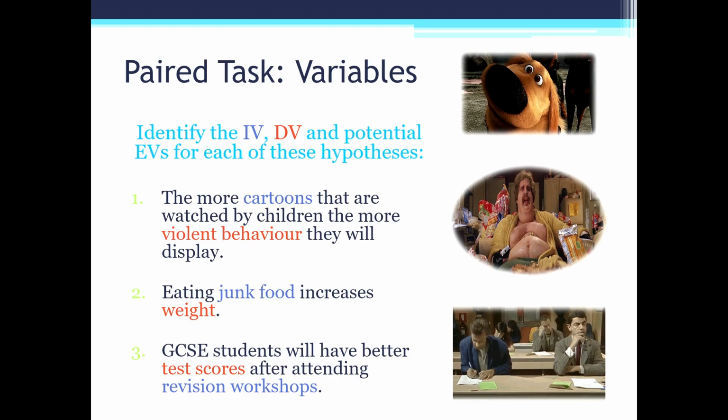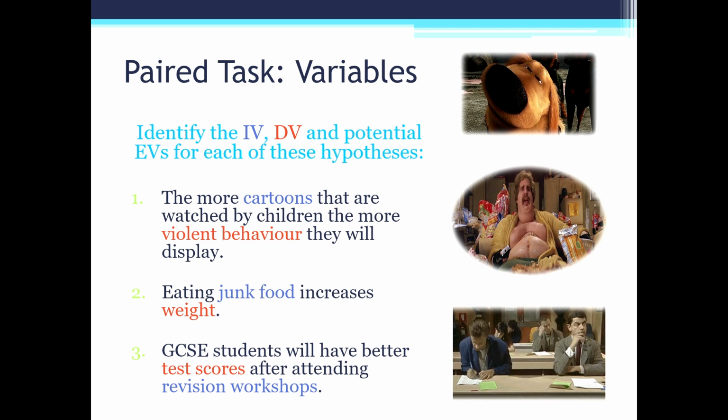So the revision workshop, attending it or not attending it, would be the IV. So notice that there's two groups, or the junk food, having it, not having it. And then the test scores are the things that are being measured. And again, your test scores on a GCSE might be affected by other things, like what your classes were like, or whether you revised at home. So there could be lots of other reasons why you might be doing good or not doing good.